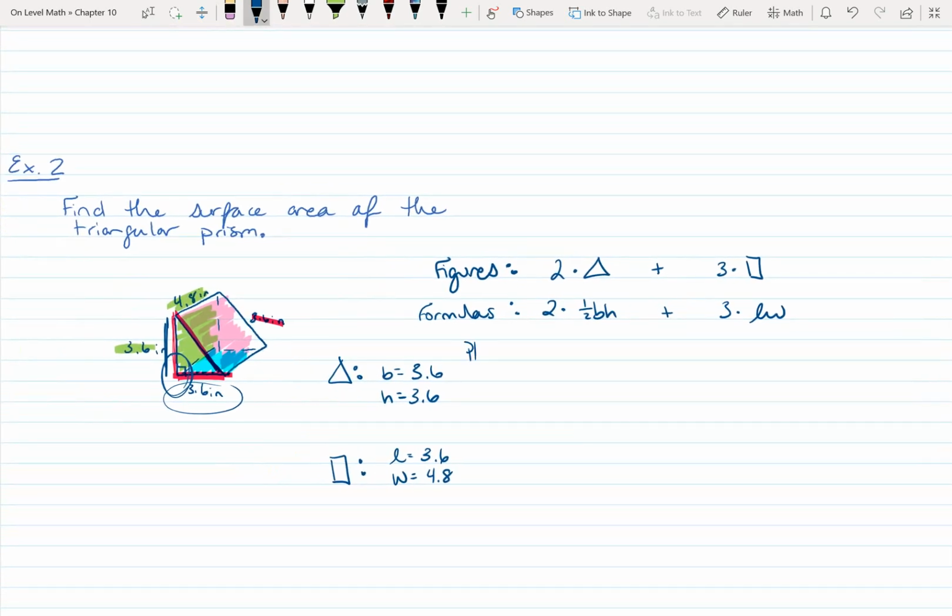All right, so now we plug in 2 times 1/2. Our base was 3.6. Our height was 3.6. Plus 3 times, our length was 3.6, our width was 4.8. Alrighty, so here let's just use our calculators. For 1/2, I recommend making that 0.5 so it's easier to type in.